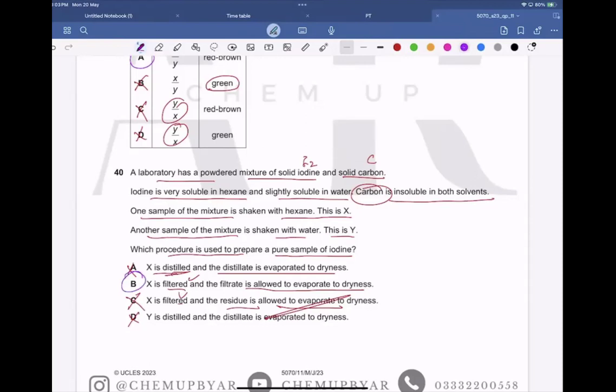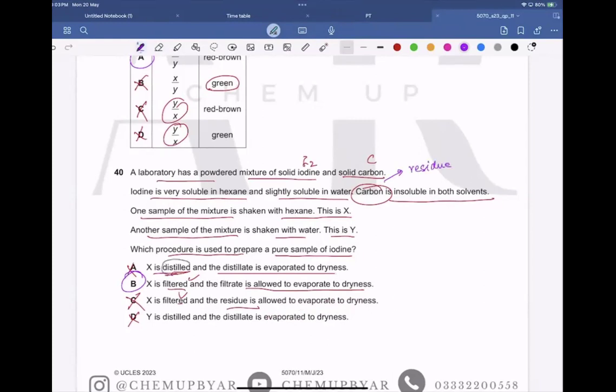Is this clear to all of you? If any one of you has any confusion, please ask. Yes, again. Okay. See, carbon is insoluble, right? So if carbon is insoluble, it always stays as a residue or as a solid, it doesn't dissolve.